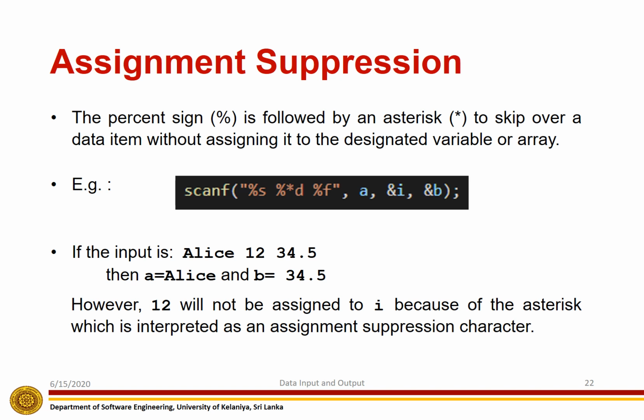But in the second one, %*d, the asterisk is used to skip that item. So if the input is Alice space 12 space 34.5, then a will be assigned Alice and b will be assigned 34.5, but that 12 is skipped because we used an asterisk in the second conversion.